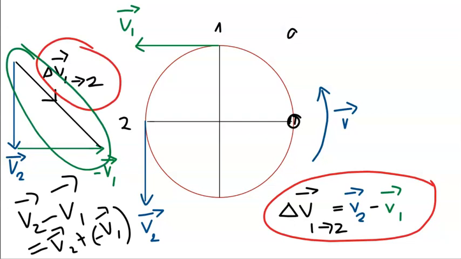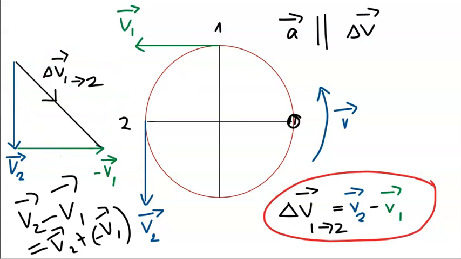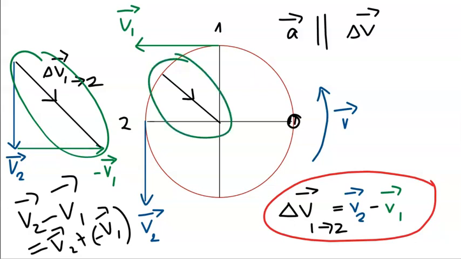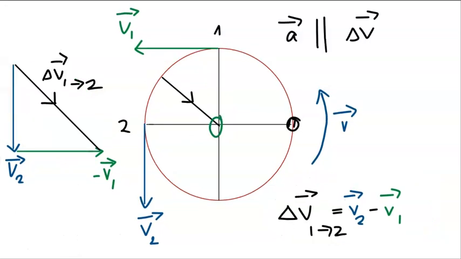And since the direction of the acceleration is parallel to this change in velocity of this object, it follows that the acceleration must also point along that direction, namely like this, which is in a radial direction, and pointing towards the center.